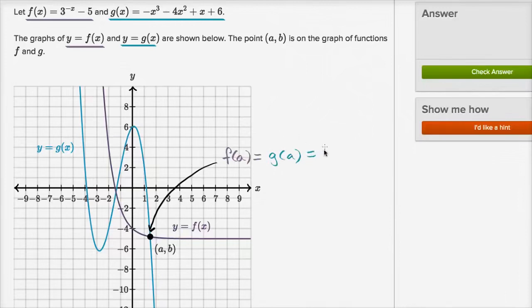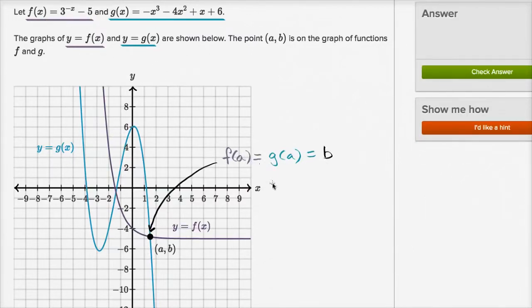If you input a into the function f, you're going to get b. If you input a into the function g, you're going to get b. And so the point a comma b is on both graphs, both y equals g of x and y equals f of x. And so from here you can make some interesting statements. For example, what is f of a?